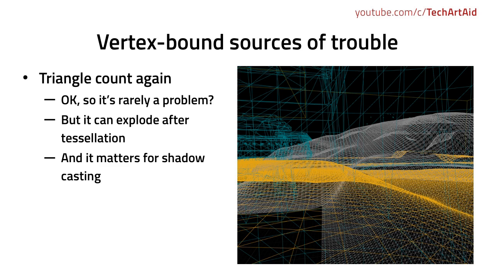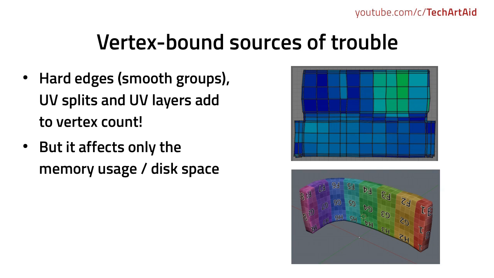So the more vertices, the bigger the problem. Now this is a nice thing to keep in mind, but don't think about it too much. It's just good to know that hard edges, or smooth groups, or splits on your UVs, add to the actual vertex count, because the information has to be stored several times for a single vertex. But it only affects memory usage or disk space, not the actual rendering performance.